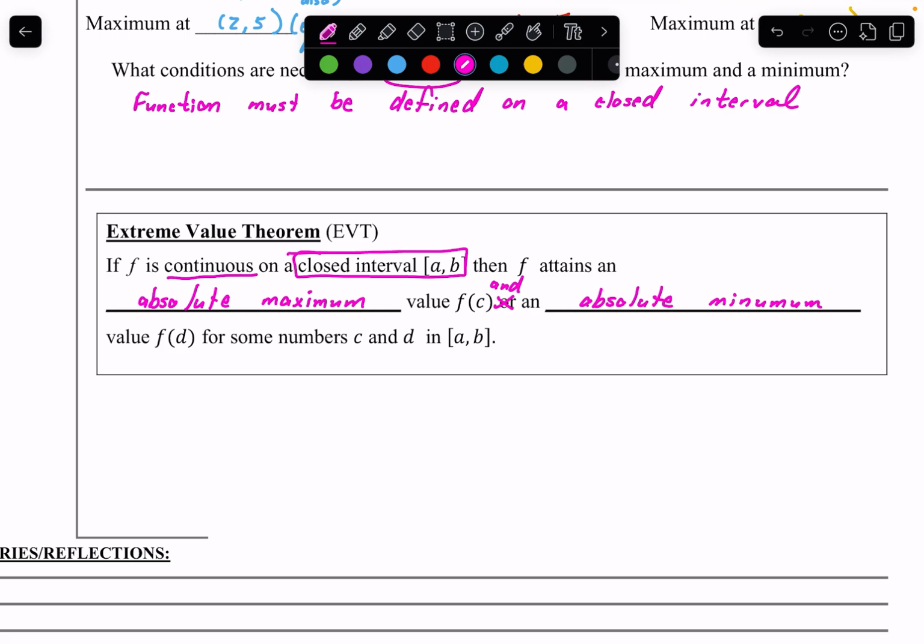And those numbers technically could be the same. I can have the same min and max if it's a horizontal line, which is crazy to think about. But I have an absolute min and max as long as we're on a closed interval. So that is the extreme value theorem, and we need to be familiar with that.